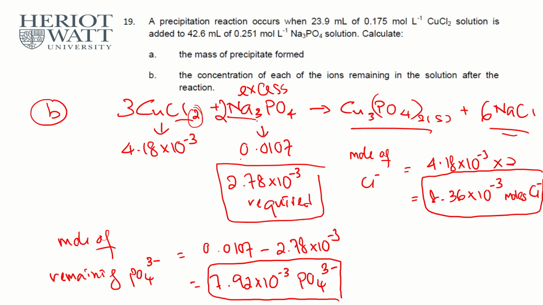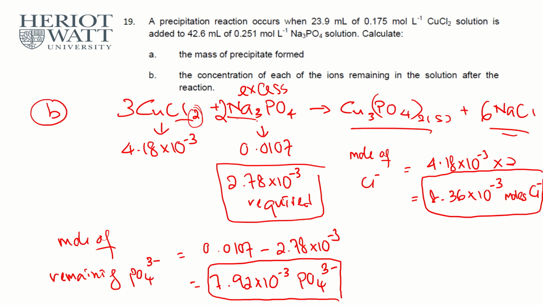The same thing, guys. The mole of sodium is from here, and it's already in excess. So this is required. All right, this is what we have. But the sodium did not convert into a solid. See that? Sodium from here converts into NaCl, which is also soluble.